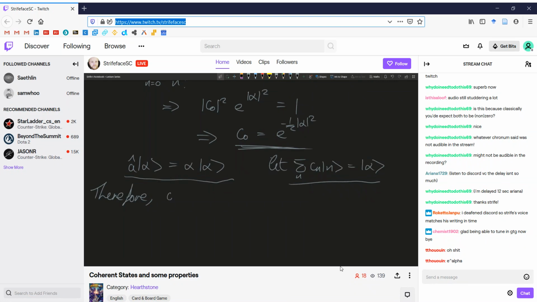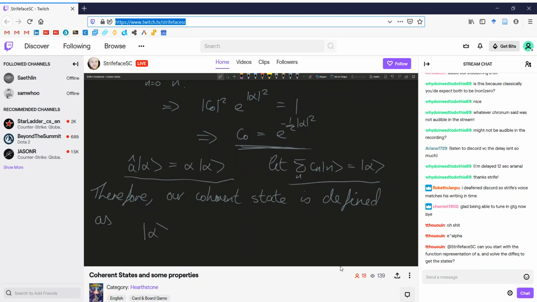Defined because we've just arrived at e to the minus a half mod alpha squared. Now I'm pulling this out front. It doesn't affect the sum from n equals 0 to infinity. And I see your question, but I'll just finish writing this.